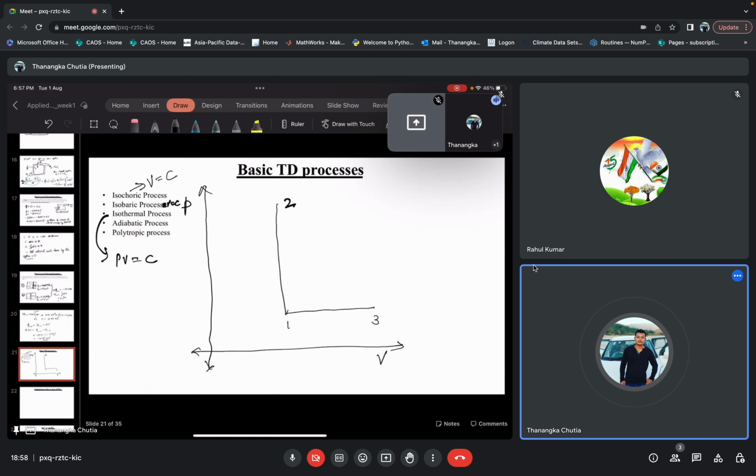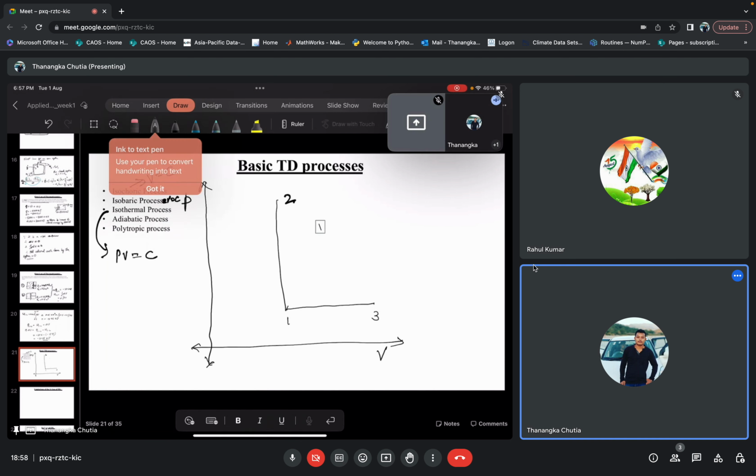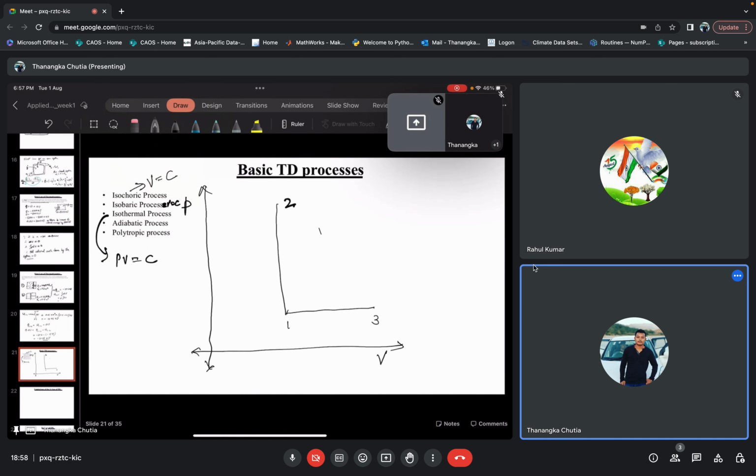We know that this is a rectangular hyperbola. If I want to, I can draw it from another point also. Say this is from A to B, so this will be my isothermal process.